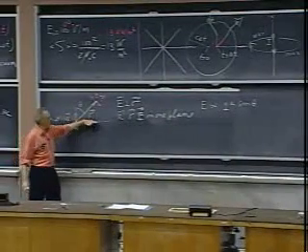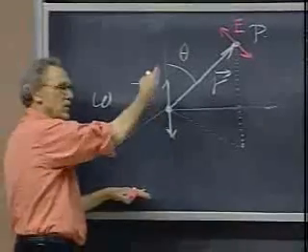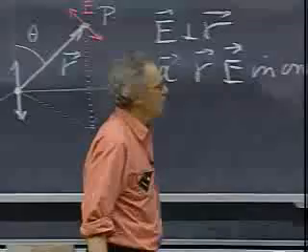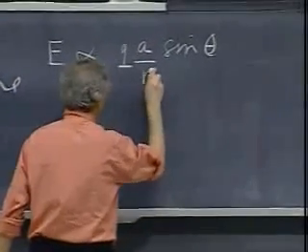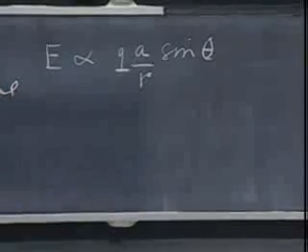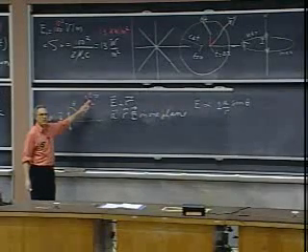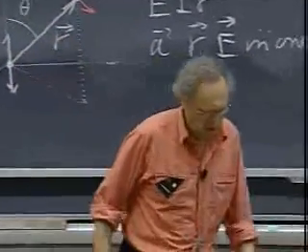If theta is 90 degrees, you get a maximum. That's the whole plane perpendicular to this oscillating charge, maximum electric field. And then, which may not be so obvious to you now, it's also inversely proportional to the distance r. If you double r, the electric field strength goes down by a factor of 2.